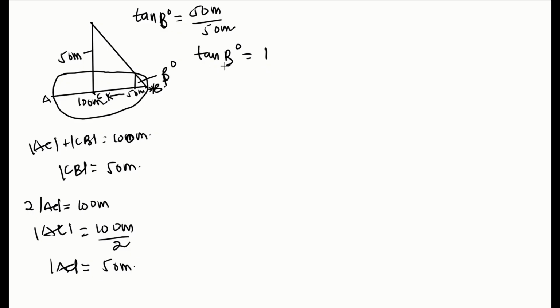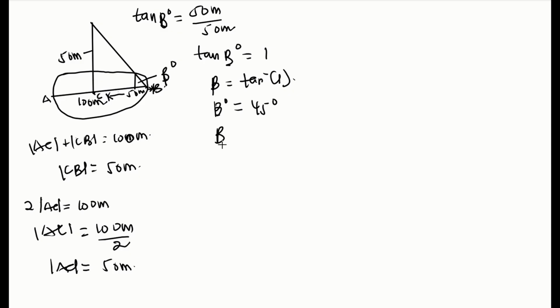But let's find this. If you want to find beta, we take the tan inverse of both sides. Taking tan inverse of both sides, we are left with beta. My beta is equal to tan inverse of 1, which is going to give you 45 degrees.